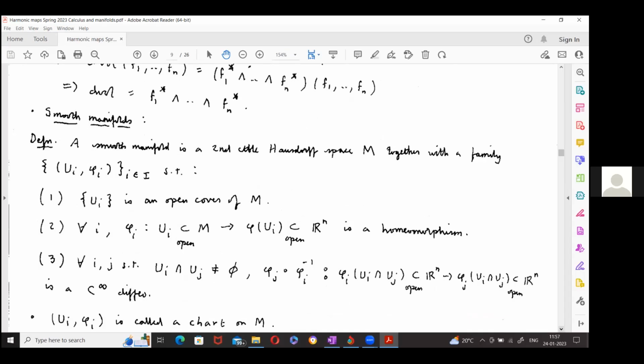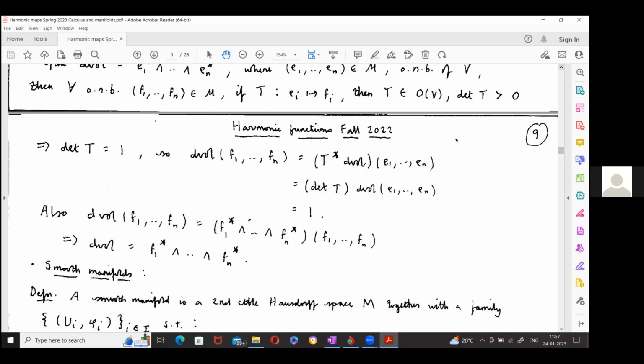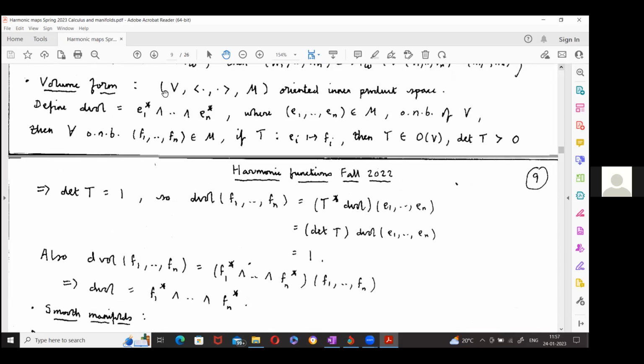So if you take any positively oriented orthonormal basis, then the wedge product of their corresponding dual basis will give you the volume form. That's what we showed here, right? This E1 star wedge En star is equal to F1 star wedge Fn star. Yes, that's what we've shown here.